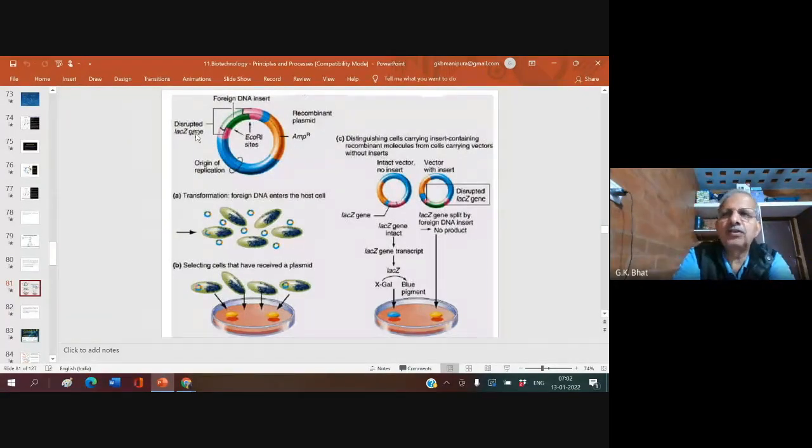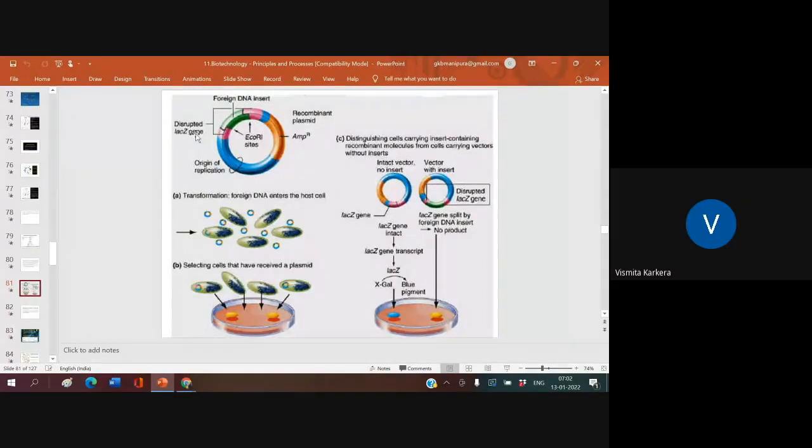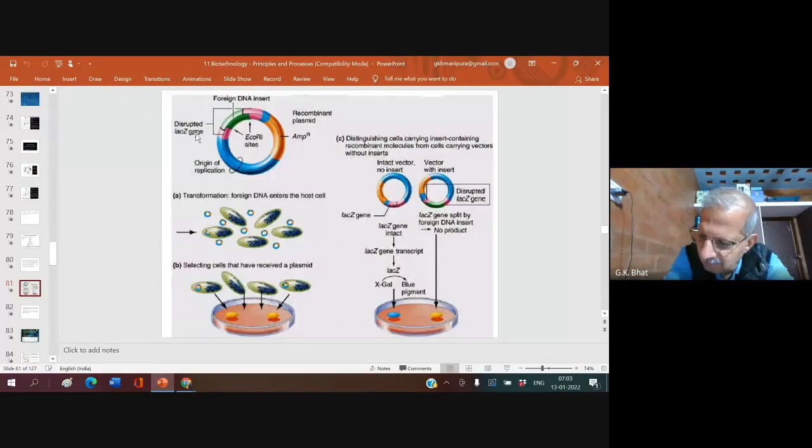What is the function of lac Z? It codes for beta galactosidase. Who said it? Vismita. Good. It codes for beta galactosidase. Remember, this beta galactosidase enzyme is required to turn that chromogenic substance blue in color.